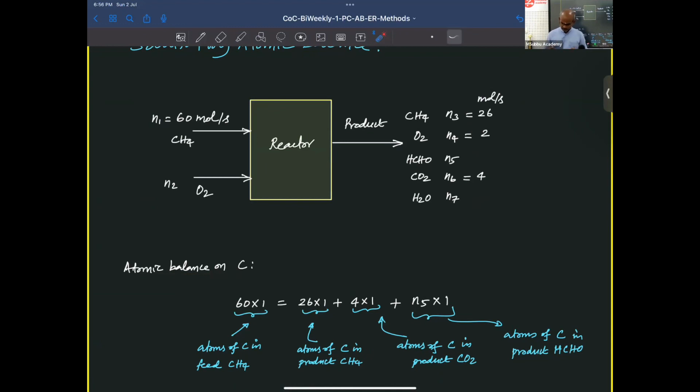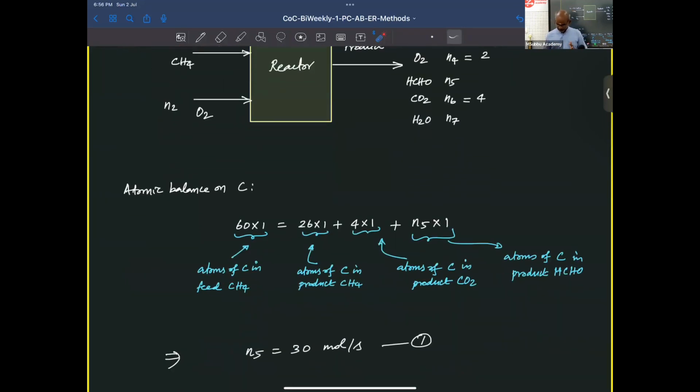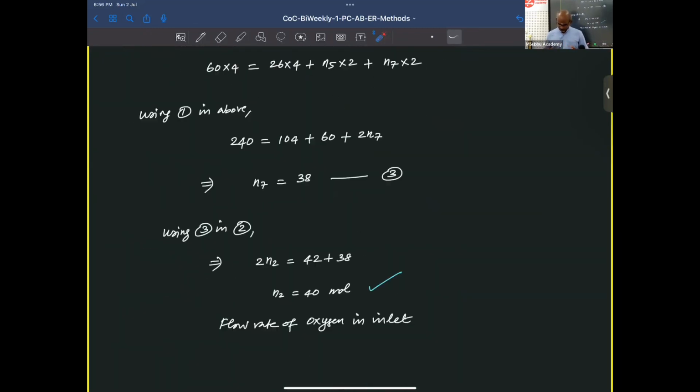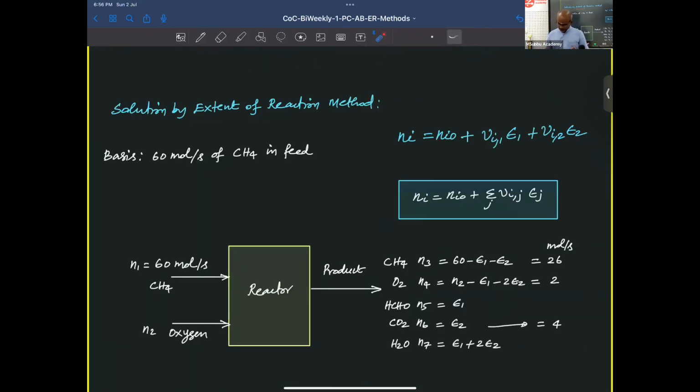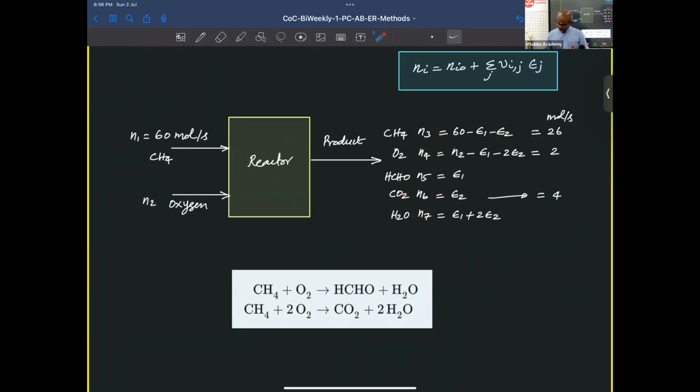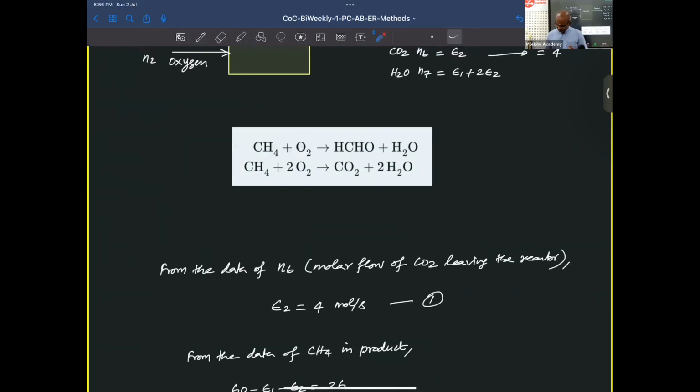The balances possible are on C, H, and O; only these 3 atoms are available. So you can write those balances, and automatically the solution comes. Likewise, in the extent of reaction method, simply write these moles in terms of extent, and you can easily solve based on the available data.